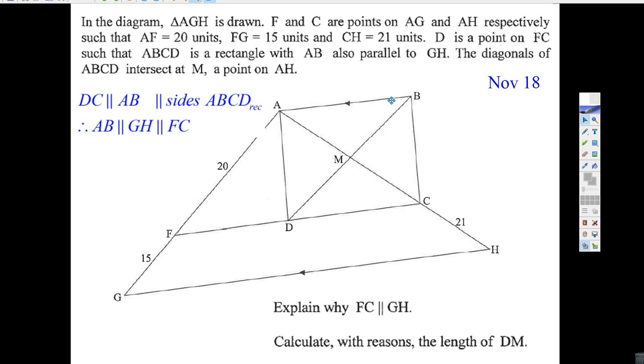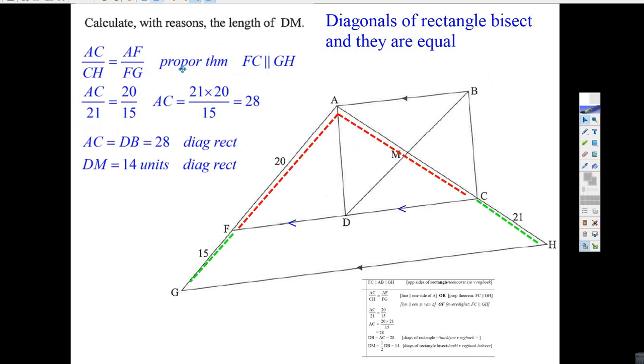It means DC is parallel to AB. And if AB is the same as GH, then DC and FC must be parallel as well. So DC is parallel to AB because those are the parallel sides of a rectangle. But let's see how we're going to use proportionality now.